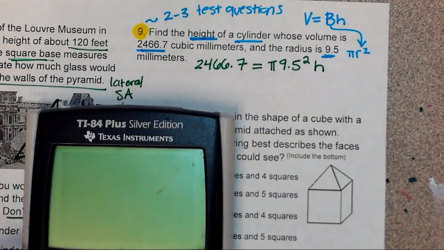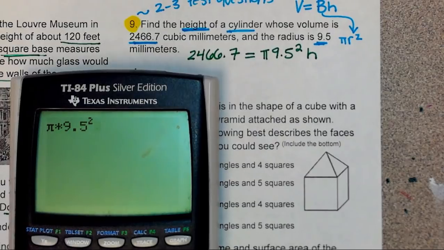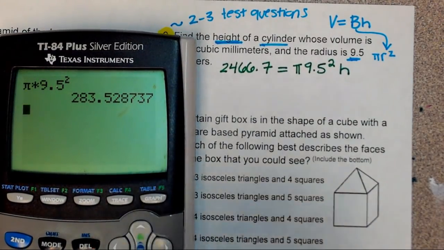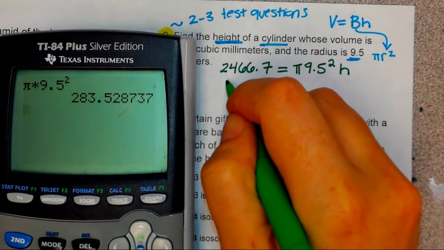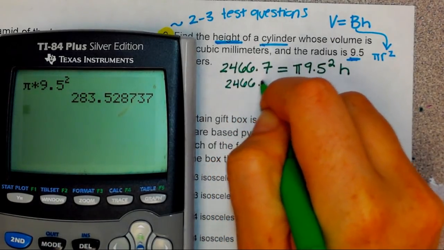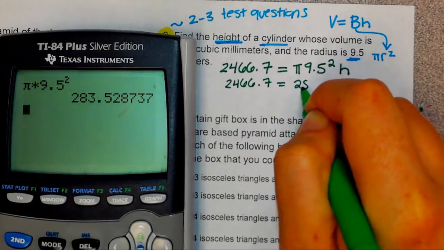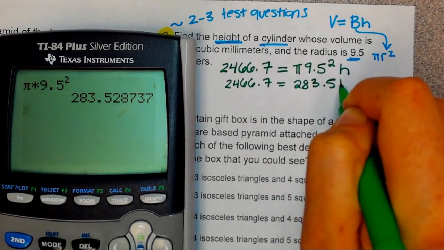Okay. So pi times 9.5 squared is equal, don't round anything, is equal to about 283.5. Okay, so we've got 2466.7 equals 283.5 h.